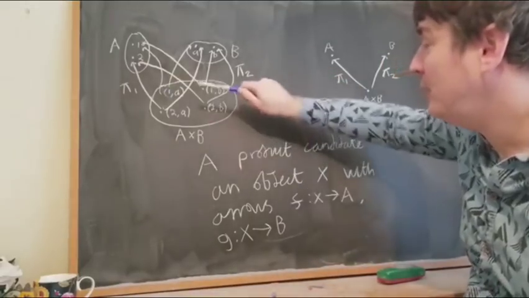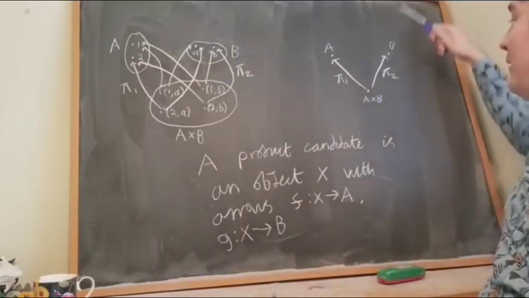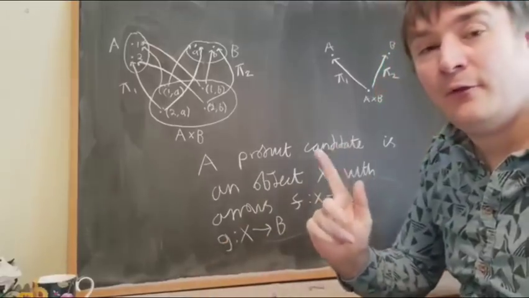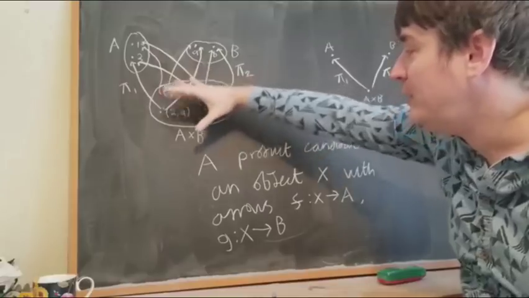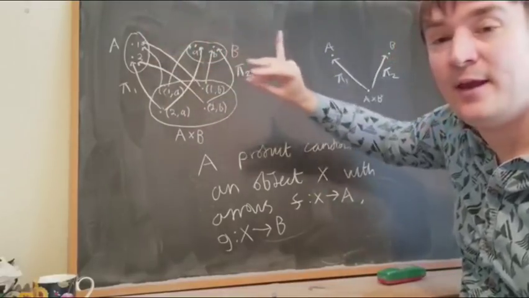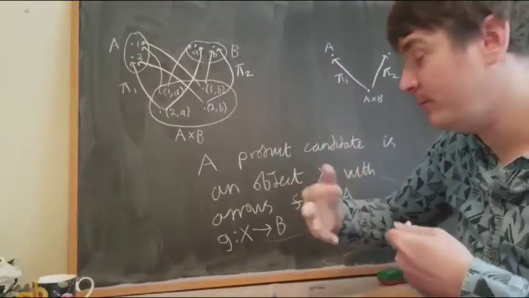So clearly this is a product candidate, and it's represented in category theory terms here. But that's not enough, obviously, to pick out this as actually being the Cartesian product of this set here and this set here, the Cartesian product being the collection of all these pairs.